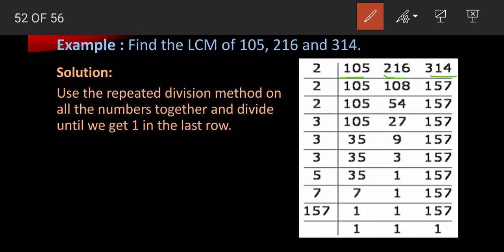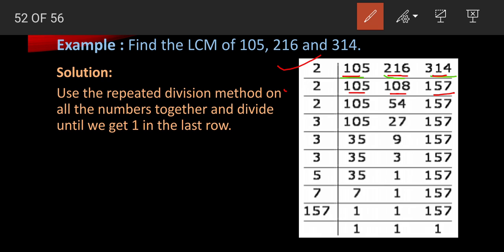We have to select a prime number which is divisible by any of these 3. So I have taken 2 here. If we divide 105 by 2, it is not divisible, so keep it as it is. Next, 216 becomes 108, and 314 becomes 157.